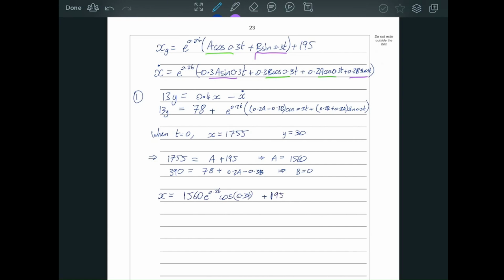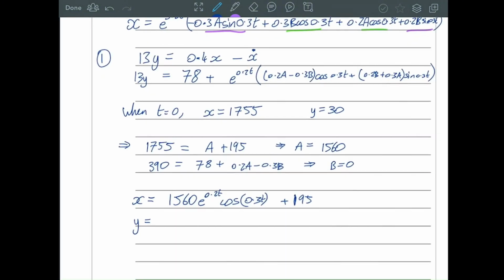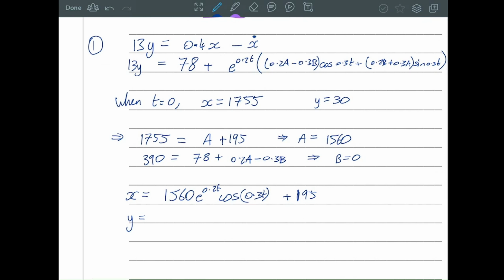Let's quickly check that. Yep, at t equals 0, that does indeed give the 1755 I want. And the second equation, I'm going to have to divide through by 13. We think the b is 0.